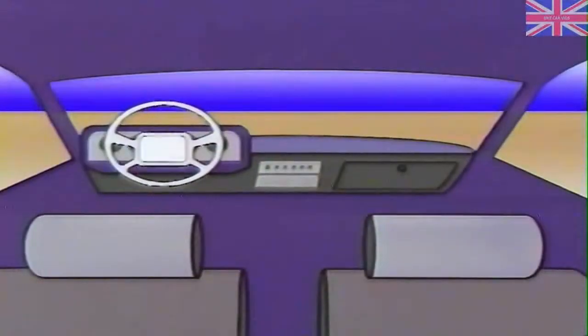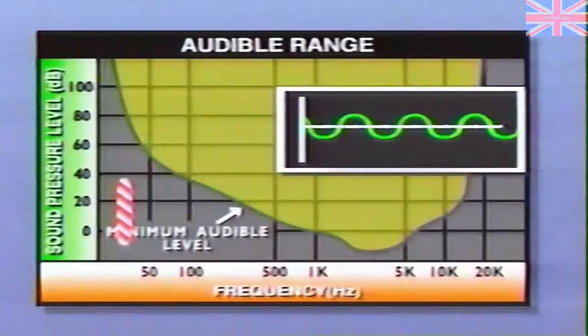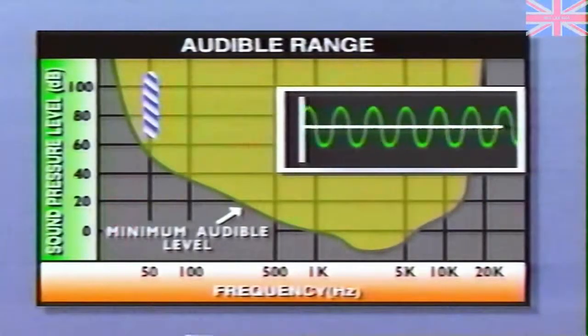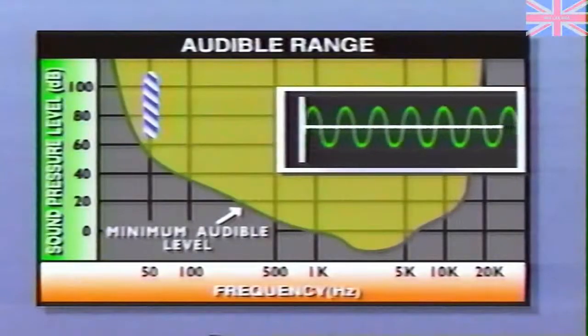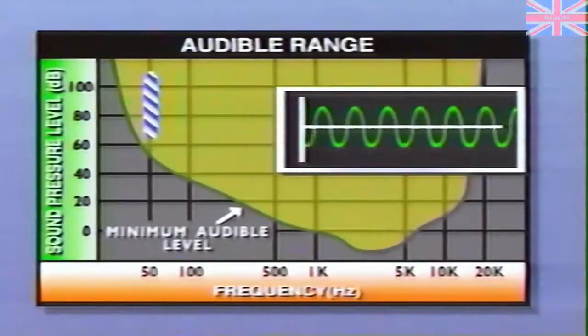For example, an object vibrating at a frequency of 10 hertz, like a steering wheel when there's a tire imbalance, does cause sound. Because the sound's frequency does not fall within a human's audible range, it goes unheard. On the other hand, an object vibrating at a frequency of 50 hertz is within a human's audible range, but is still hard to hear.